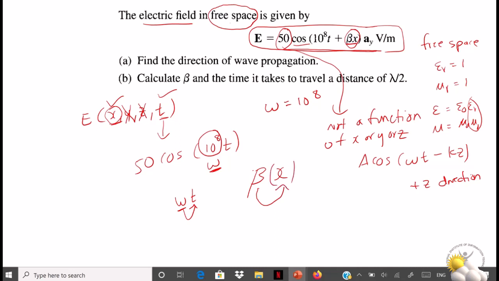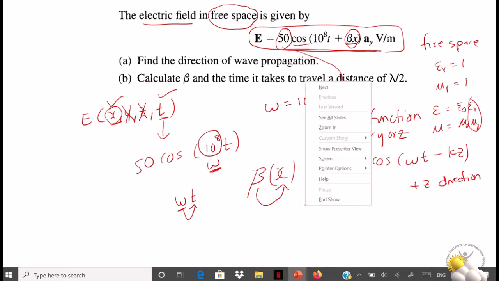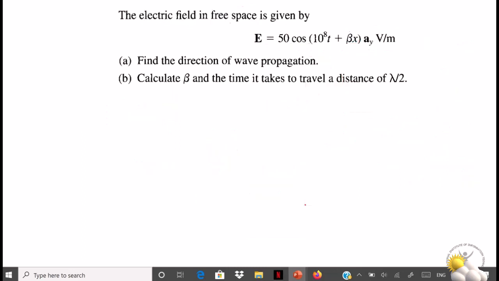So this we already discussed, but let me try to understand the wave here to see what is the direction of the wave. What we can do here is, if I draw t equal to 0, the same electric field looks like 50 times cos beta x, of course in the y cap direction. If I take the magnitude of it, I don't get the vector, so it is 50 times cos beta x.